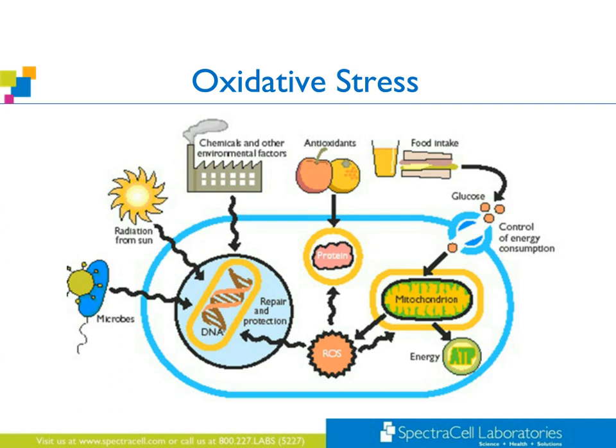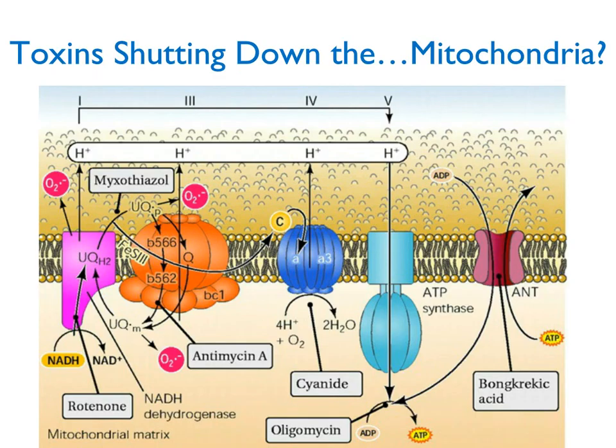Speaking about toxins, I just wanted to review this slide. Toxins can shut down the mitochondria. I love this slide because it demonstrates, again, the electron transport chain. Complex 1 here, where NADH is the very first depiction, this glob of purple to the far left, is where NADH is coming in, giving up its hydrogen ion.